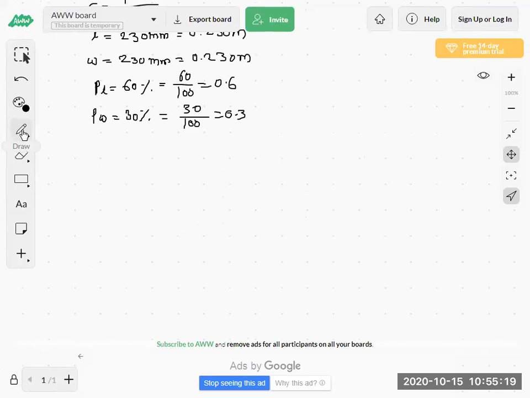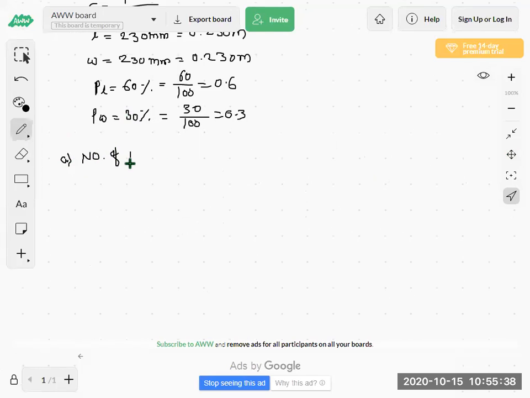Okay, so now we have to calculate n1 and n2. Everything is here, we just have to calculate. So we have to calculate n1. What is n1?